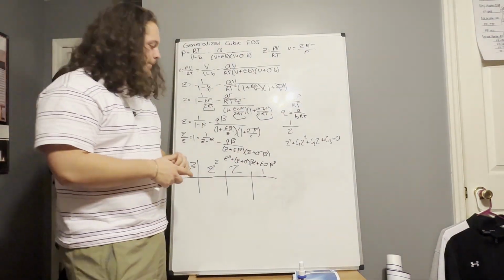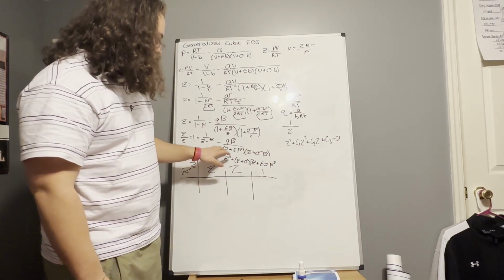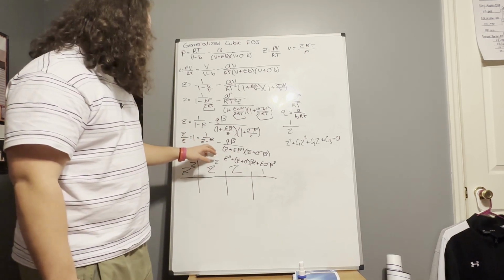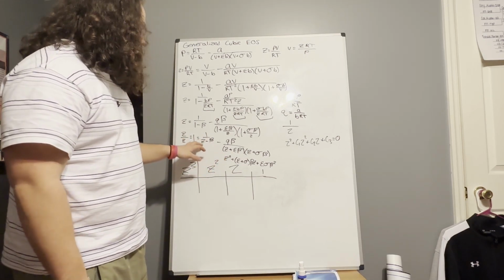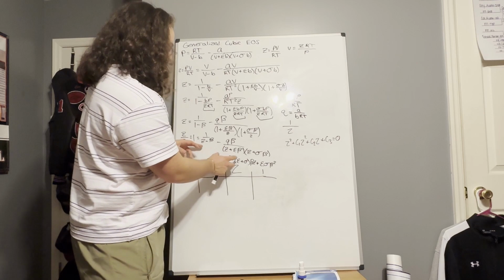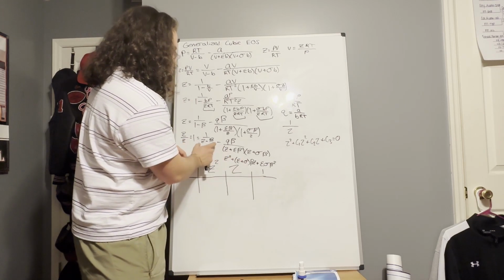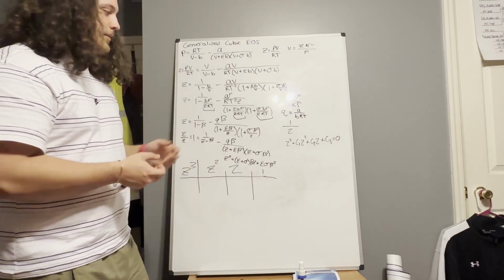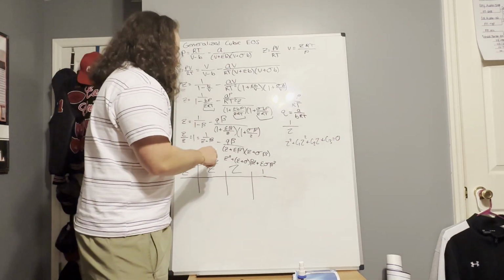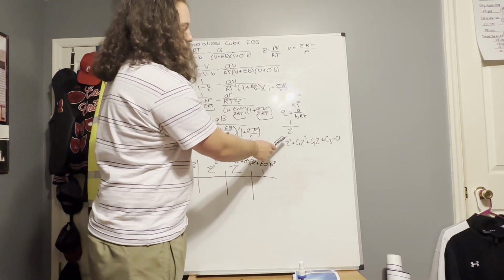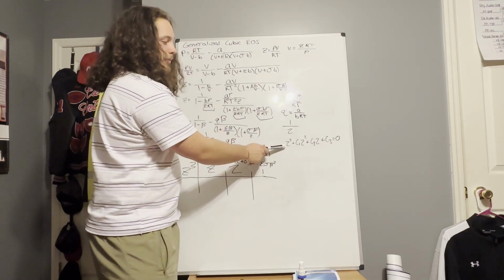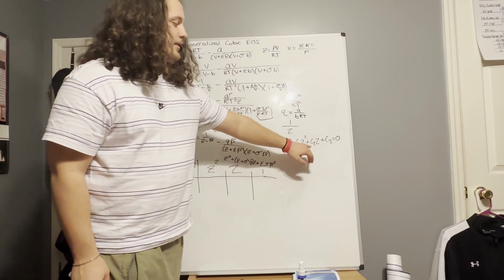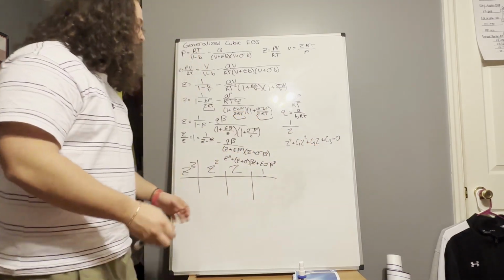To continue from here, after we have distributed these two groups of functions together, we can see here that we have two fractions subtracting from each other, in which we need to find a common denominator. And we do that because we want to end up with a cubic polynomial in this form with C1, C2, and C3 as constants.